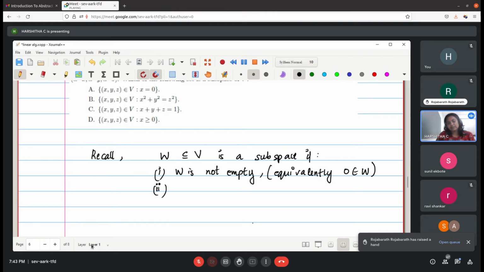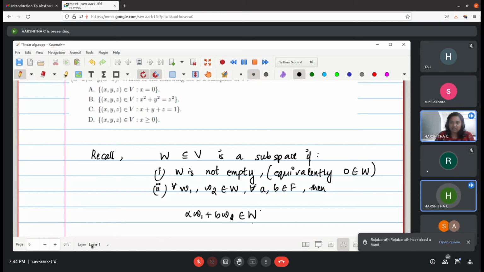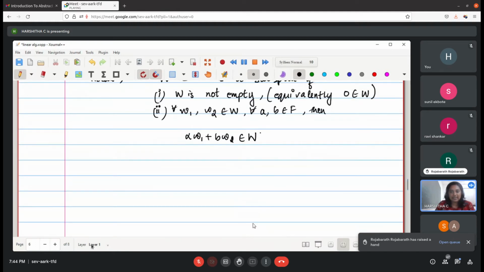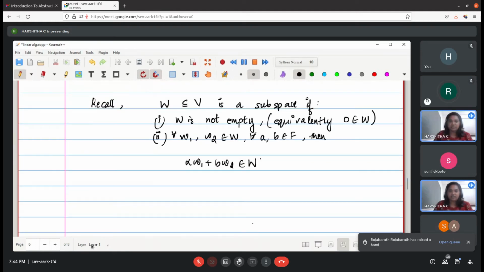And the second thing is you take any two vectors in W and any two scalars in the field, then the linear combination should belong to W. So if these two conditions are satisfied, then we say that W is a subspace. This is the algebraic definition. You can go by this and check.